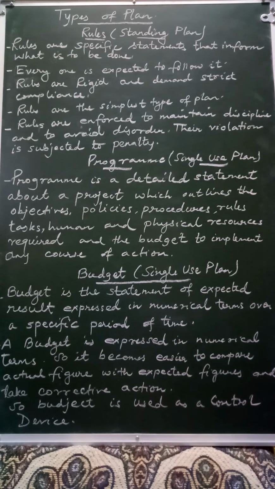As a budget is expressed in numerical terms, it becomes easier to compare actual figures with expected figures and take corrective actions. Thus, we can say that a budget is also a control device from which deviations can be taken care of.